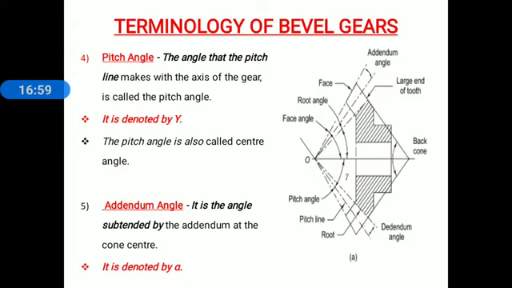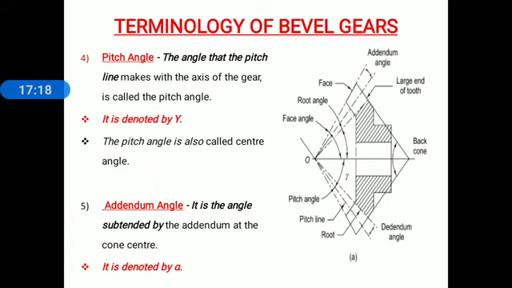Fifth parameter in terminology, addendum angle. It is the angle subtended by the addendum at the cone center, and it is denoted by letter alpha.